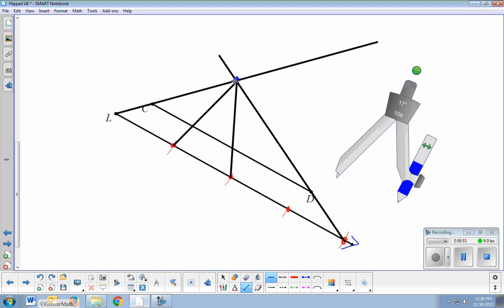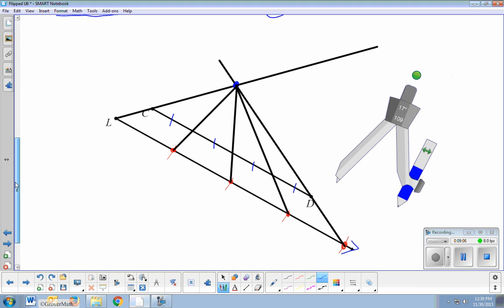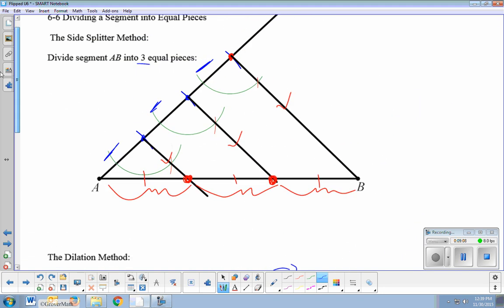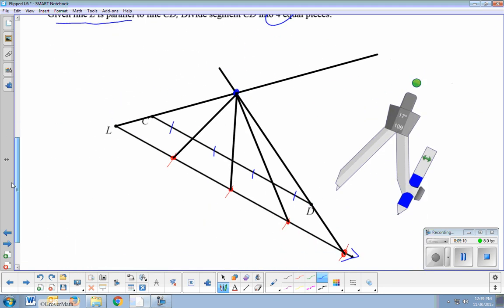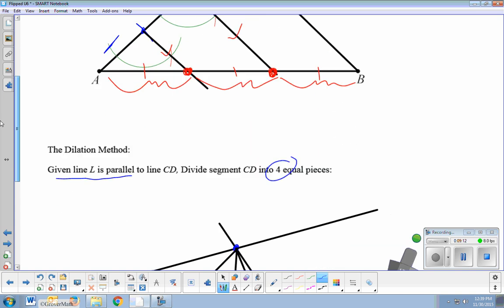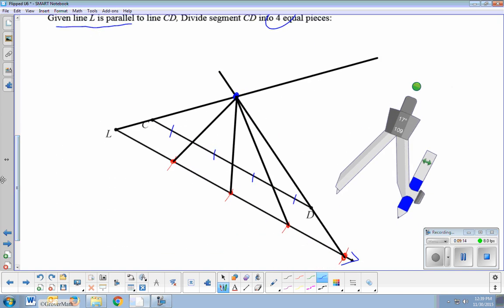Just like that. And so if we take a look at line segment CD in here, we have 1, 2, 3, 4 equal sections. So that is much quicker than what we did up here of copying an angle a bunch of times, but it does essentially give you a similar looking picture, and it works out to be the same thing. So CD was split up into 4 sections here.